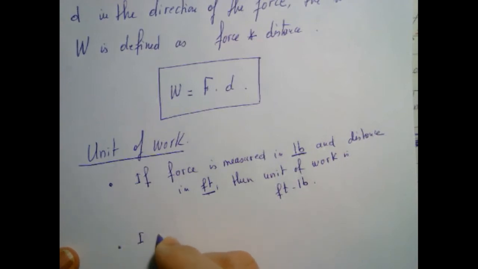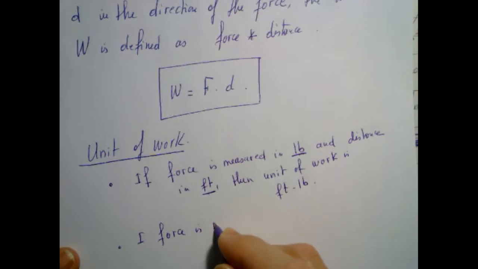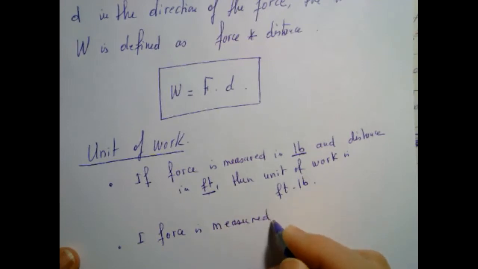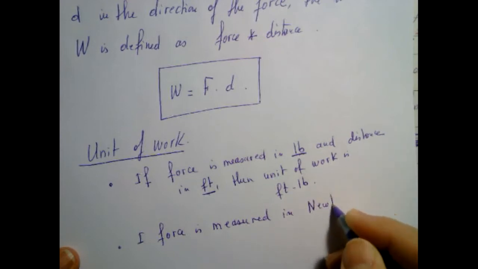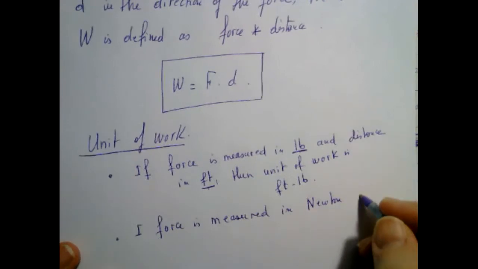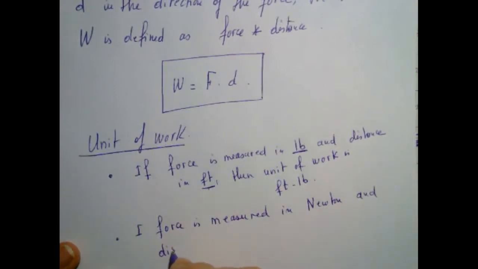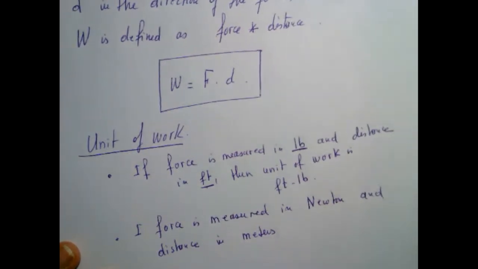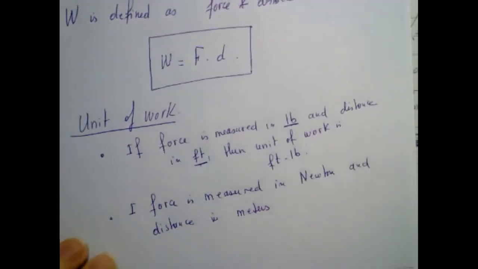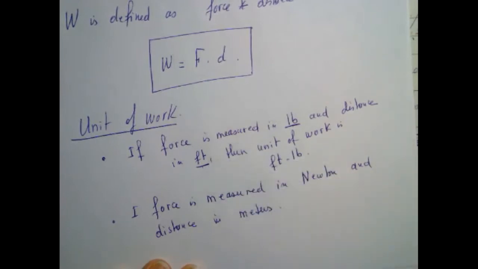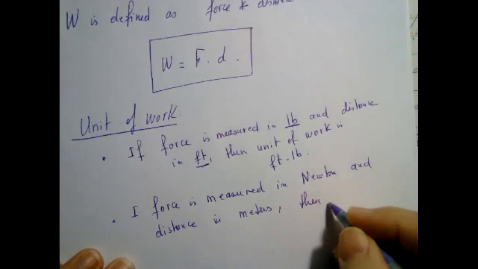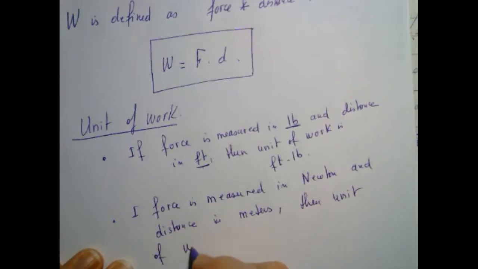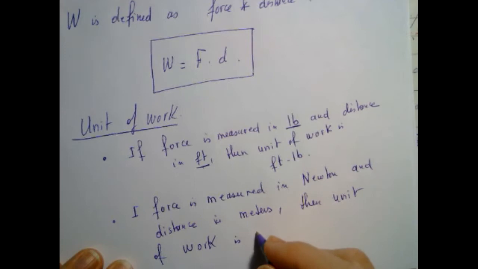However, if the force is measured in Newtons, which is another unit of force, and the distance in meters, which is the unit of measurement everywhere else in the world except here in the States, because foot and pound are only used here, then the unit of work is Newton meter.